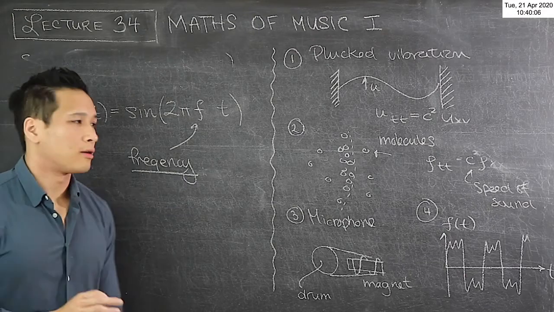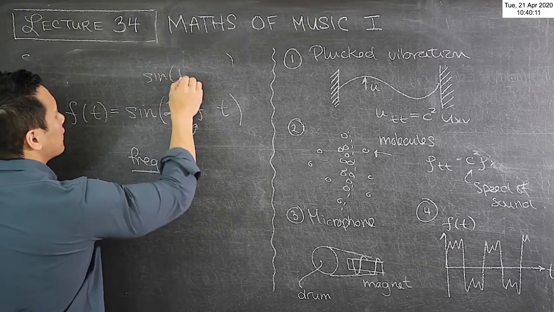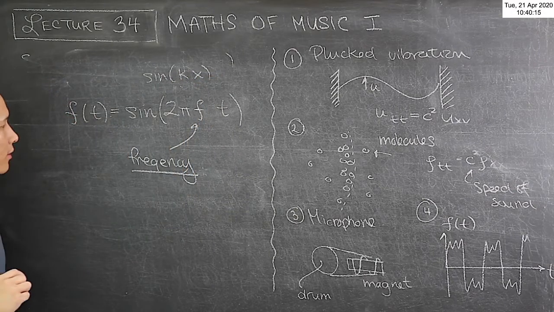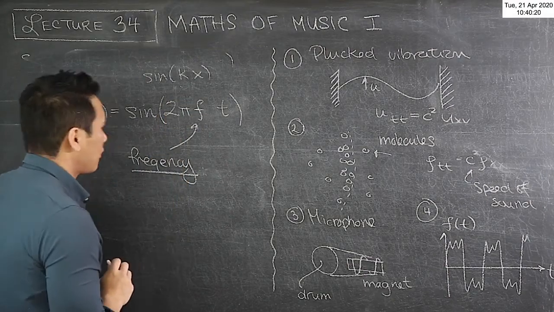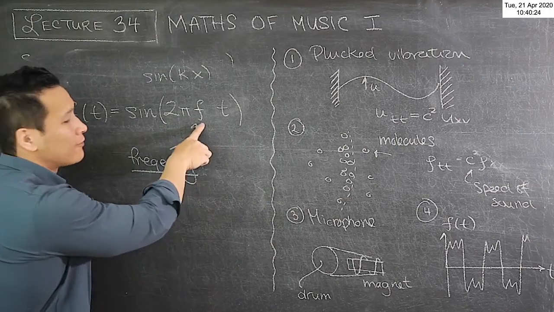Usually, instead of sine of 2 pi f t, we have sine of k times x, and we call k the wave number. Here, f is called the frequency. Now, the units of frequency are measured in inverse units of time.